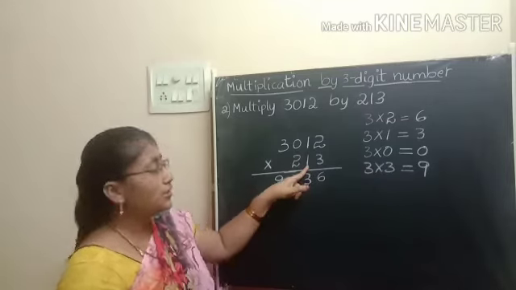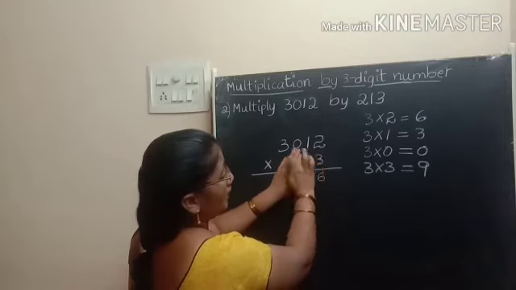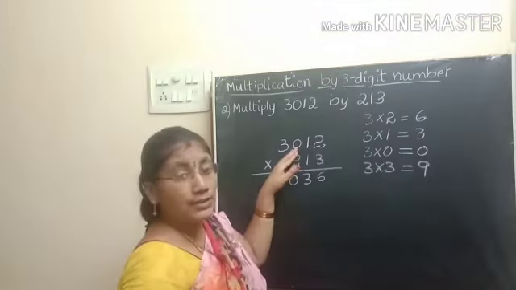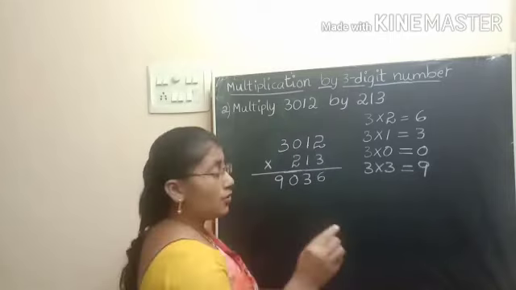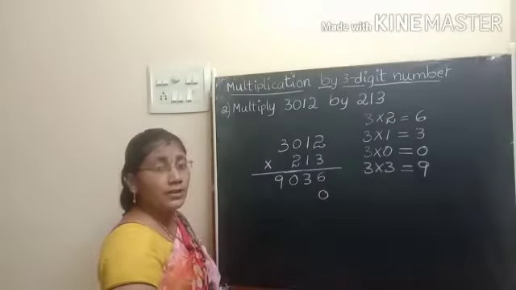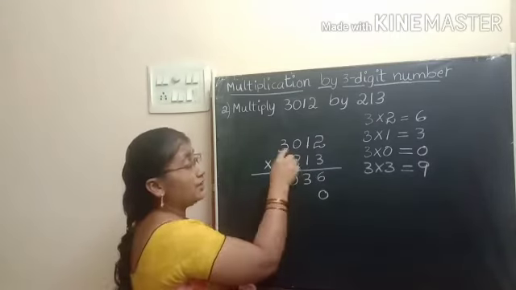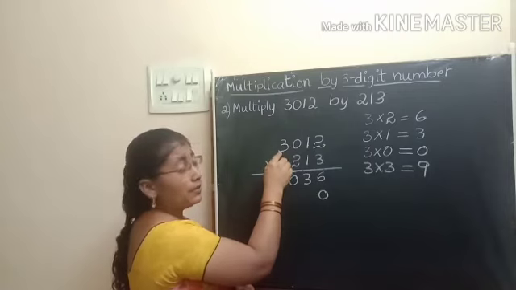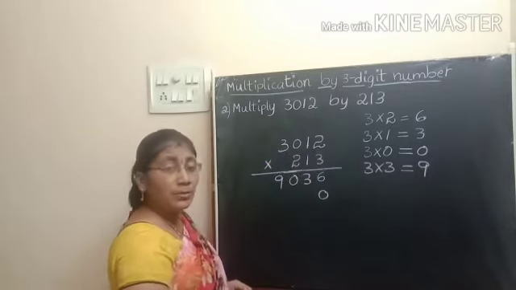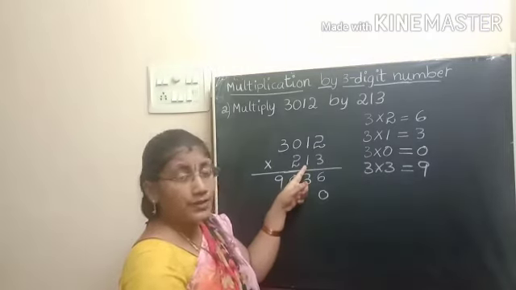Understood? Now we have to ignore these two digits. We have to multiply all these digits with 1. Before going to that, we should put 0 in ones place, because now we are multiplying the digits of the multiplicand with the digit in tens place.